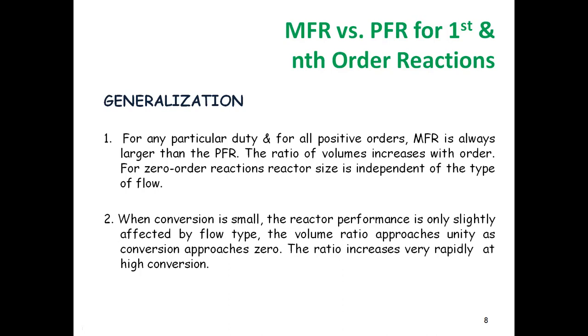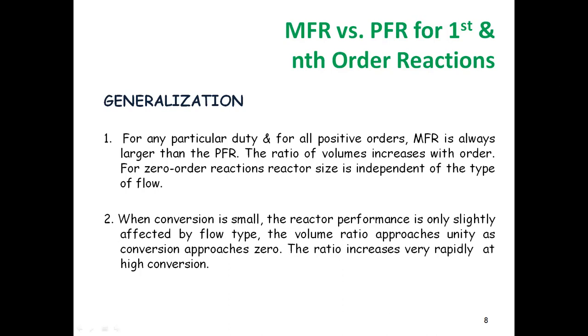by flow type. So if, let's say, conversion is just 0.3 to 0.5, the reactor performance is only slightly affected by flow type. So meaning the volume ratio approaches unity. There isn't much difference as to the size of the reactor requirement for each of these two.